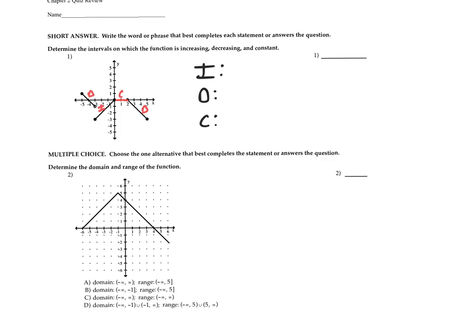So I'm going to go all the way over to -5. That's where I'm going to begin. At -5, we're going down until we get to -3. So we're decreasing from -5 to -3. And then at -3, we start to go up. So we're going to increase from -3 up to the origin, which is 0, 0.